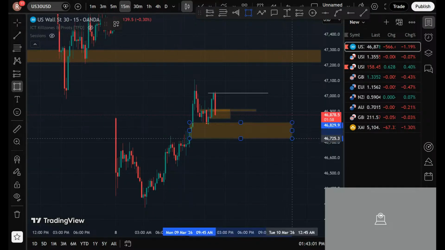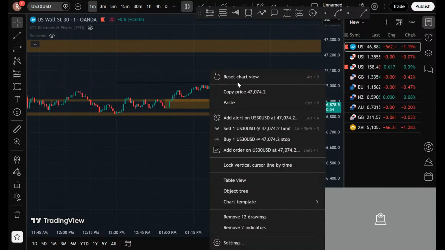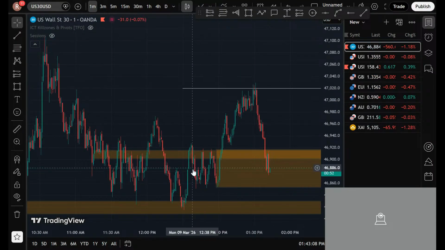This is also the area from where buyers might step in. Every area is the area from where buyers might step in.